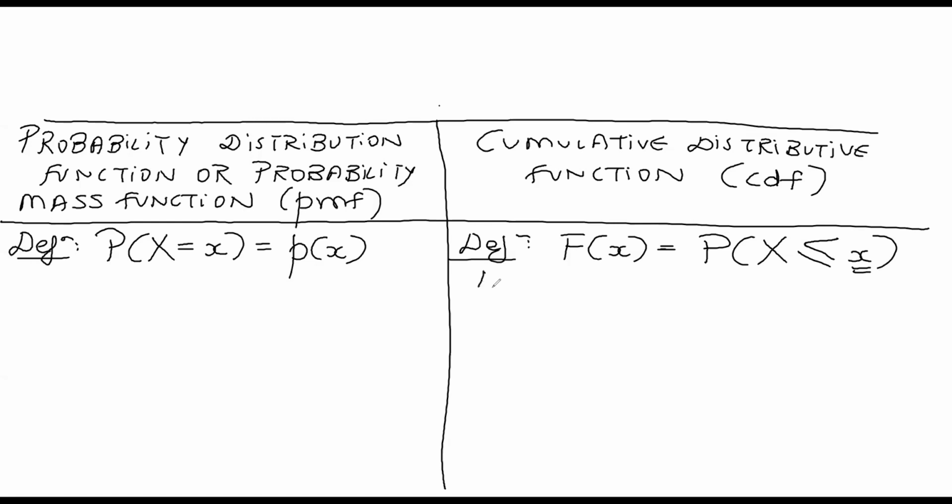So example, suppose I need to find F of 2. It will be probability of X taking the value either less than or equal to 2. Okay, so this is my cumulative distribution function. I can write it like this also.